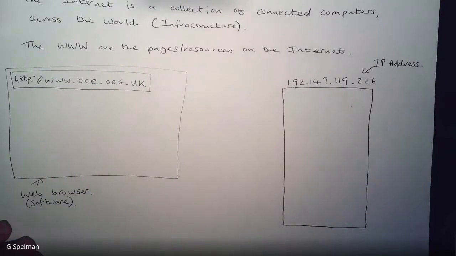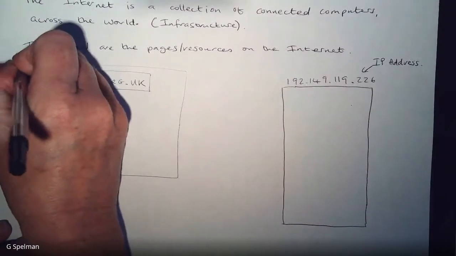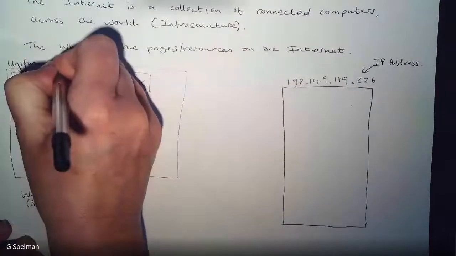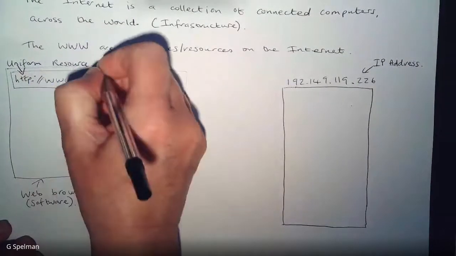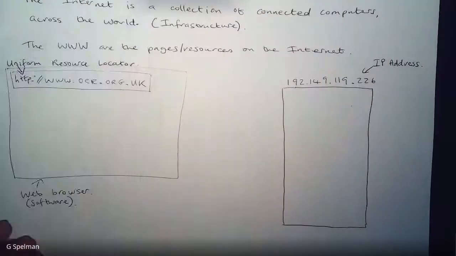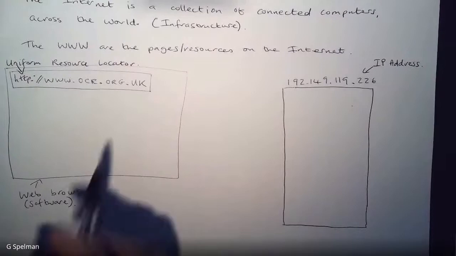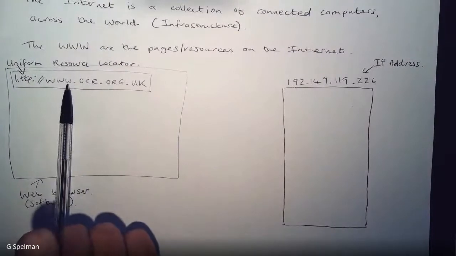An example would be Safari. And we type in the URL, uniform resource locator. So we type this in.